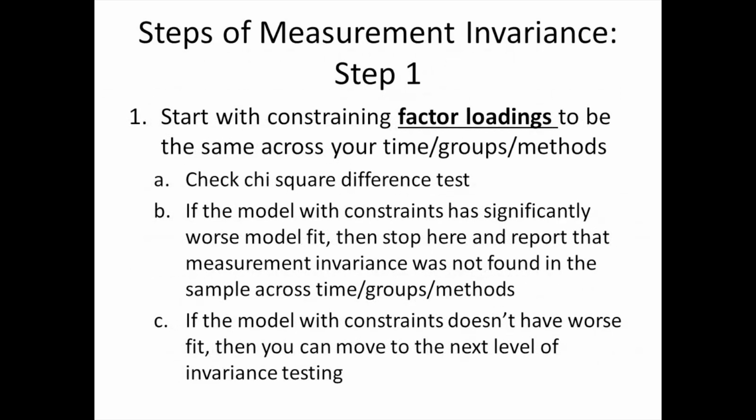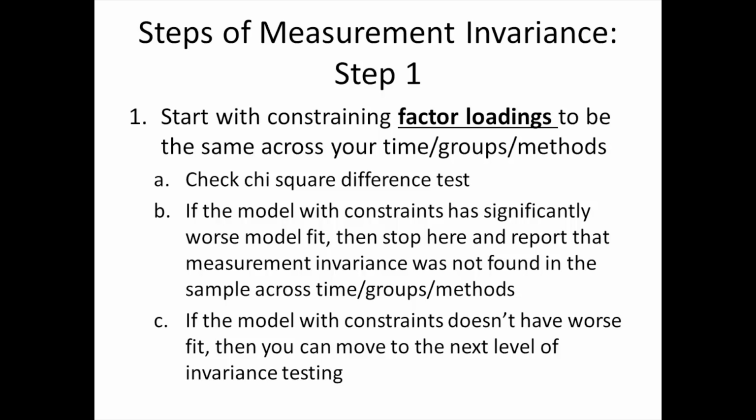Okay, now I'm going to show some different steps that I would follow to check measurement invariance. And these are informed by Kline's book on structural equation modeling, and also by a paper by Vandenberg and Lance. And the first step would be to check if factor loadings can be constrained to be equal.